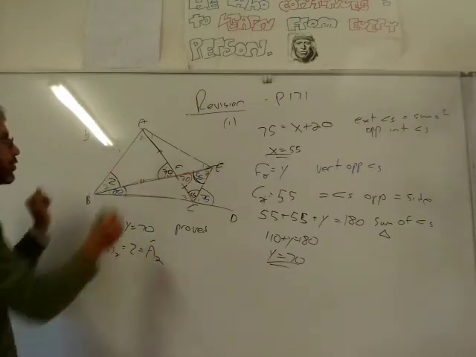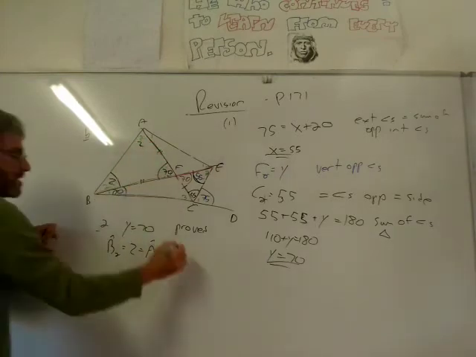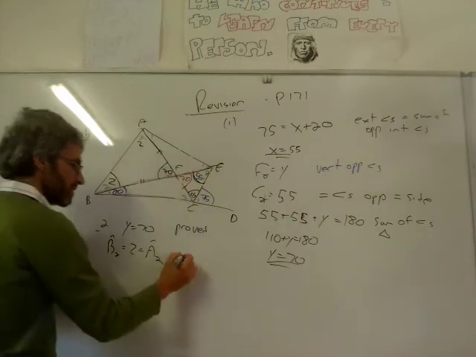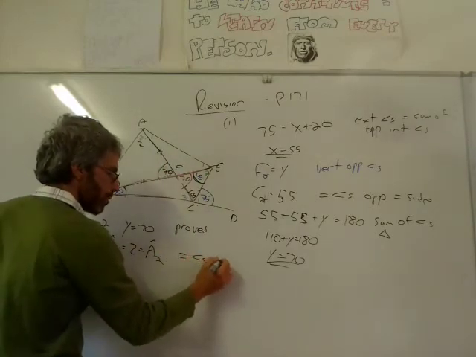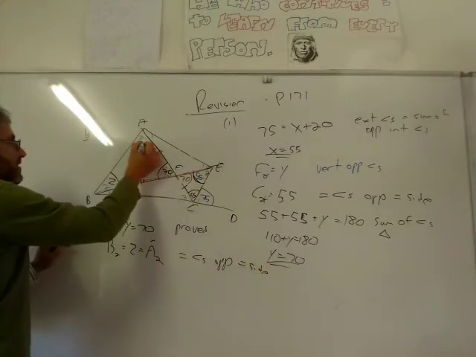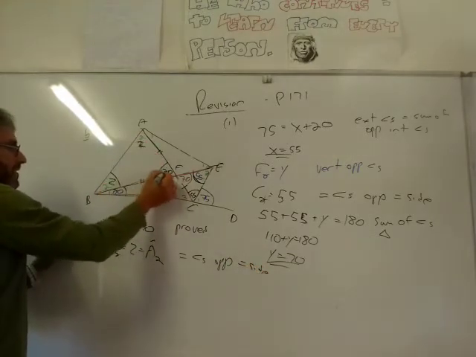Why is A2 also Z? Because these are equal angles opposite equal sides. So this is Z, this is Z, and this is 70.